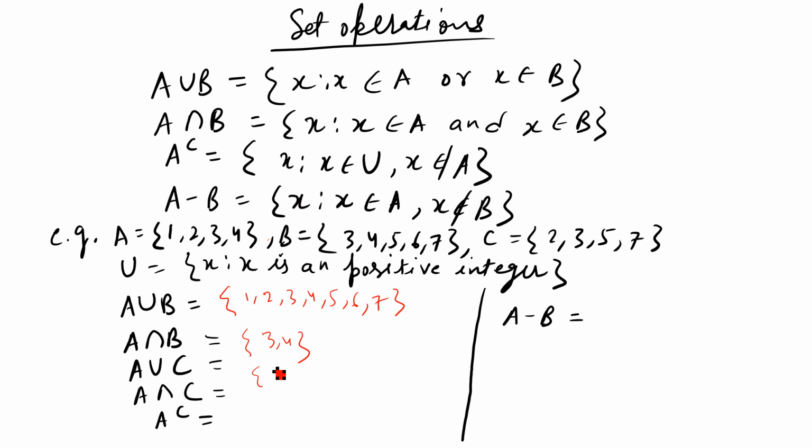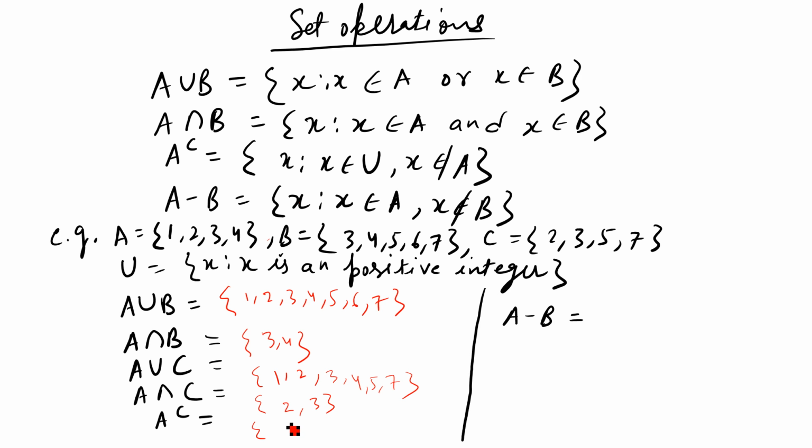A union C would be all the elements in A and C. So A union C would be 1, 2, 3, 4, 5 and 7. A intersection C, the common elements in A and C, would be 2 and 3.